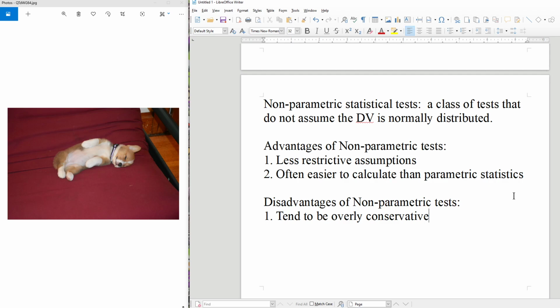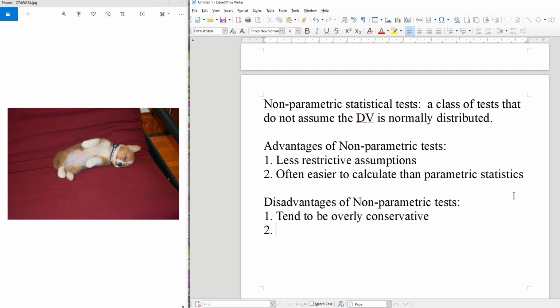It's because you can get all the way done with your experiment, use the non-parametric test, and you find the IV didn't affect the DV, when if you had used the parametric test, you might have found that it did. And so they tend to be underpowered. That is, you're a lot more likely to make a type 2 error with the non-parametric test than you are with the parametric test.